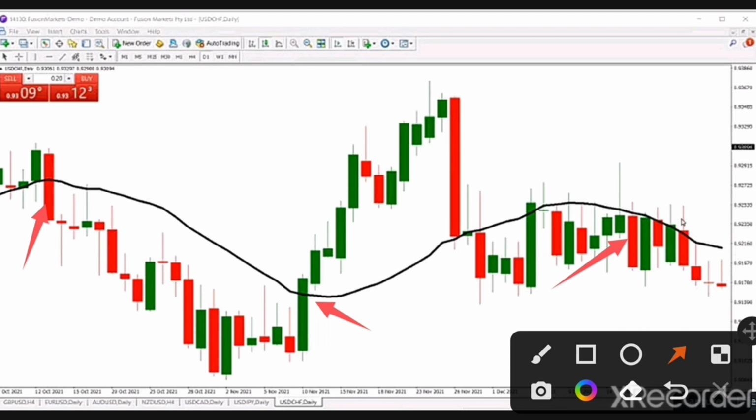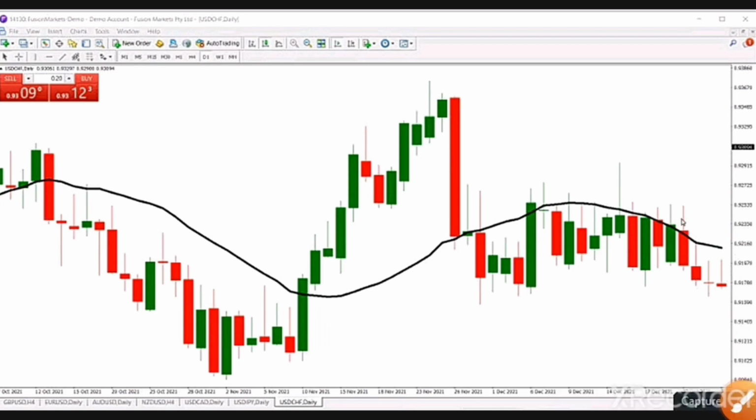If the candlestick is touching the SMA, whether it is a weak line or not, it is considered sideways, or a sideways trend. That is how the SMA works.